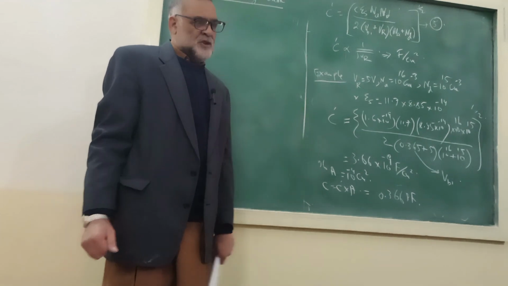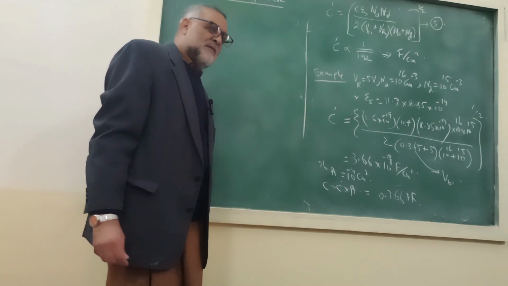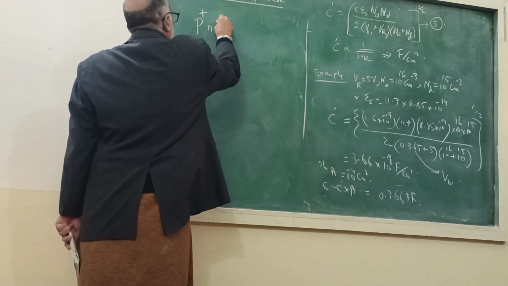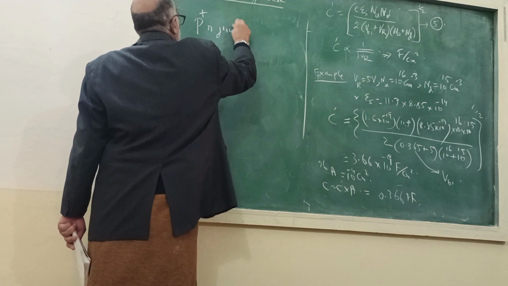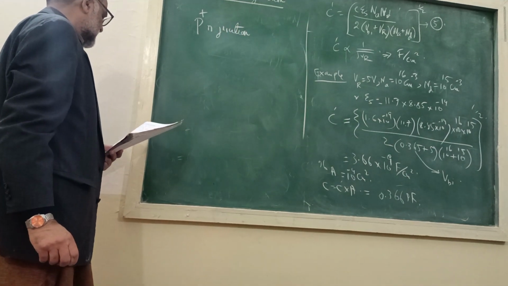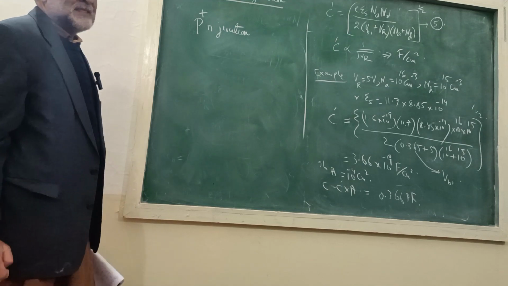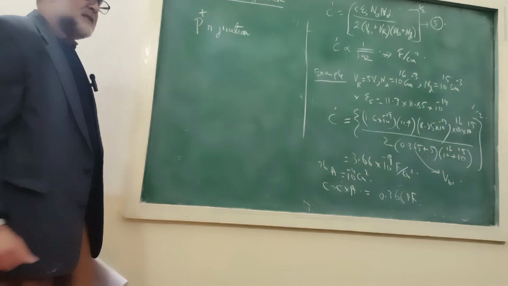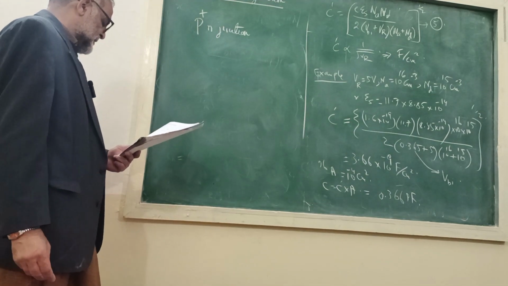Suppose the P side is doped very heavily, then we can call it a P plus N junction, right? One side is doped very heavily compared with the other side.